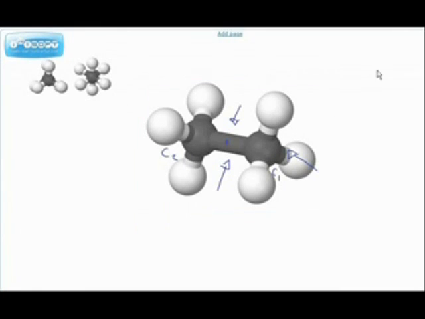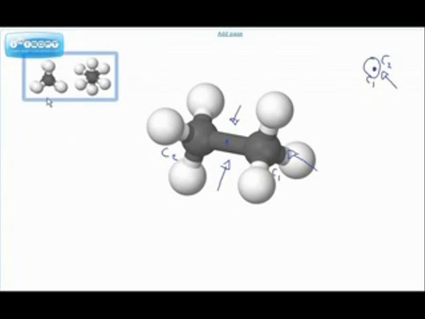Kind of like if I were to draw, and we call these Newman projections in organic chemistry, if I were to draw this signifying carbon number 1 and a circle behind it signifying carbon number 2, that's how we would be looking at it, straight on, straight forward.